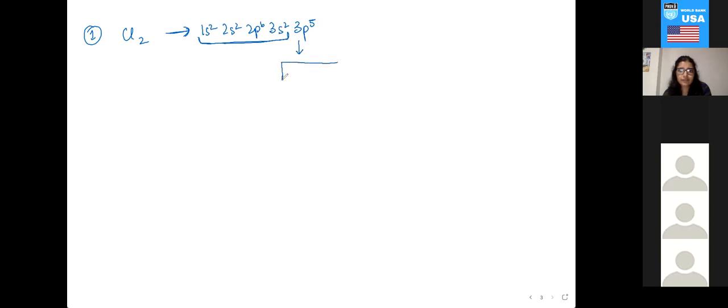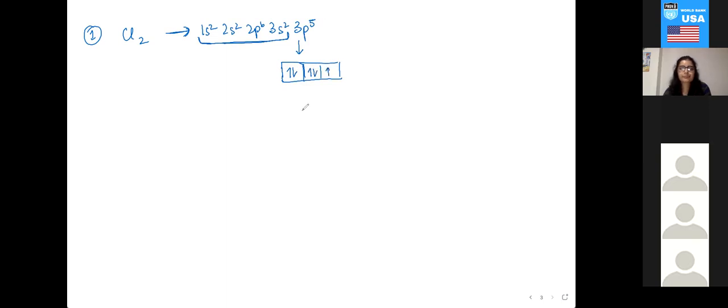So how are the 5 electrons in the 3p orbital arranged? This one will be half filled or fully filled? The first one will be fully filled. Okay. And the second one? Second also fully filled. And this one is half filled now.